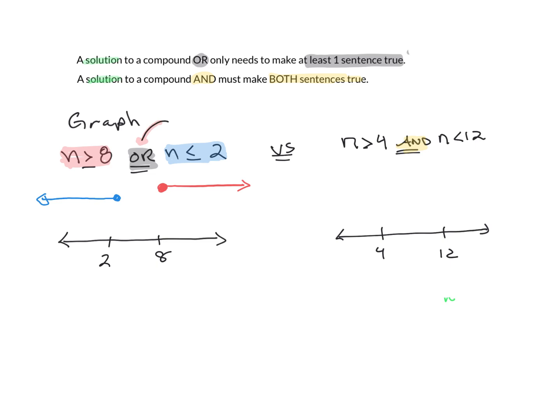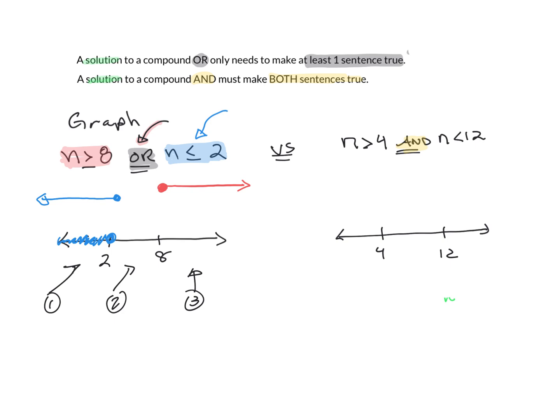Because this is an OR, it only has to make one of them true. So isn't this first interval, we call those intervals, right? We've got the first interval, the middle interval, and the interval to the right of 8. Doesn't this one have blue colored above it? So that means anything that is to the left of 2 will at least make that second sentence true.